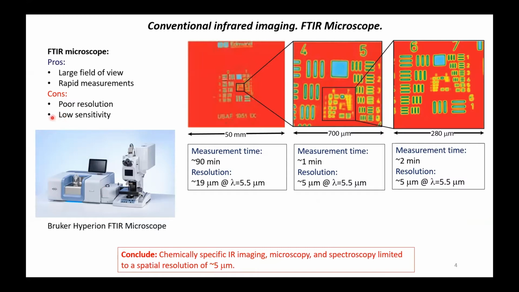The problem with FTIR microscopy, with infrared imaging, is that first you have a very long wavelength, and that means your resolution is also limited by this wavelength. And for FTIR measurements, for example, you're limited by very low sensitivities. Here is just a typical example of an FTIR microscope: a very large field of view, very fast measurement, but very poor resolution that is limited by the wavelength of light used.